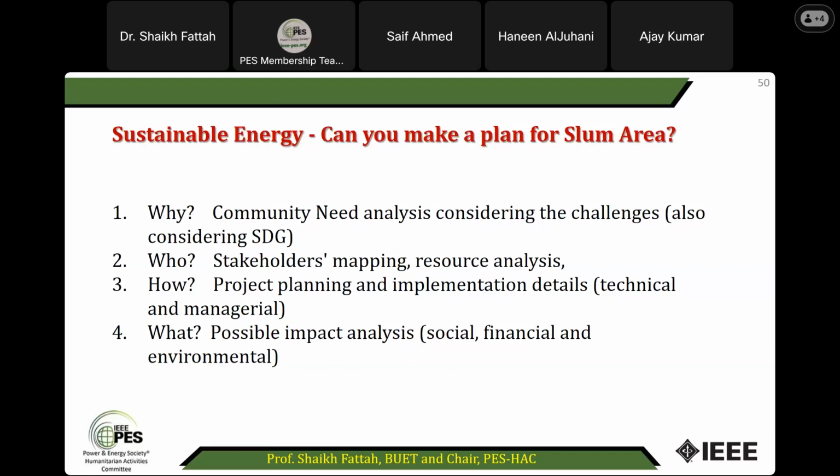Also, you can think about building management. So a building where electricity is heavily wasted, how you can incorporate your idea to save energy. You can think about other problems. So let's see, we can discuss more.